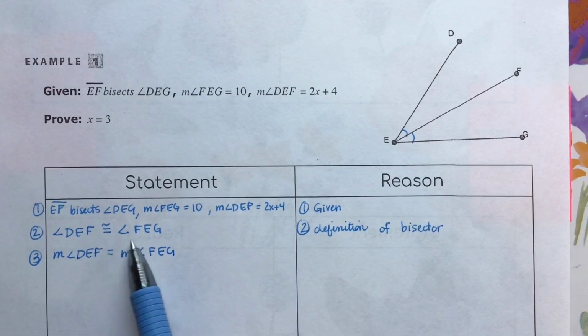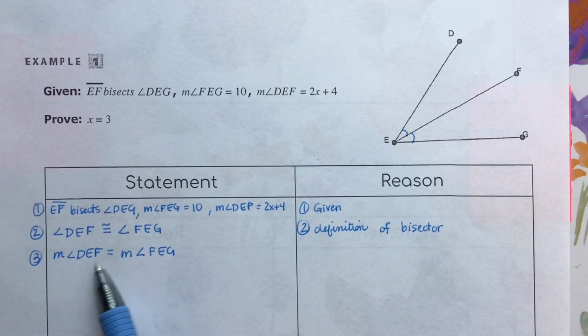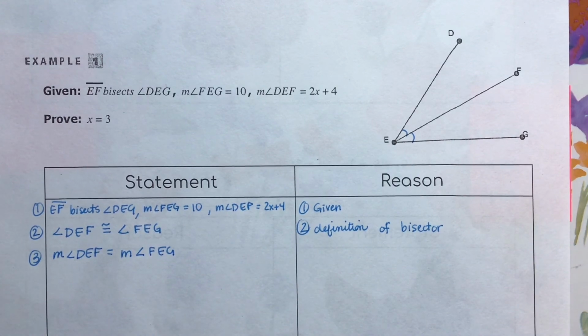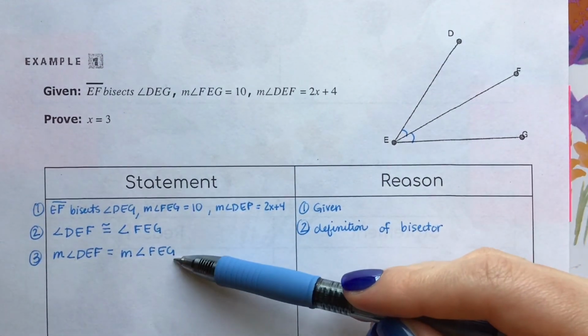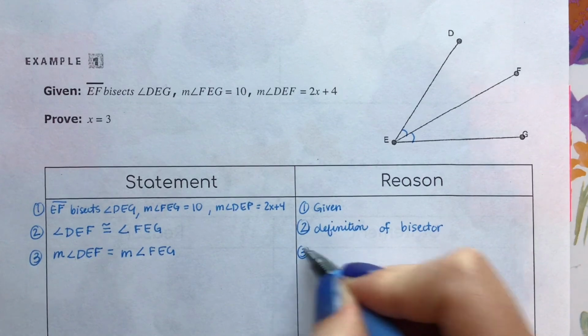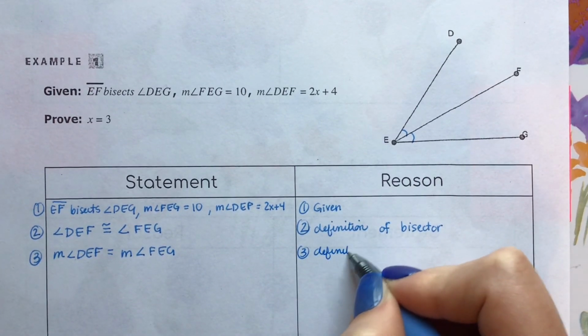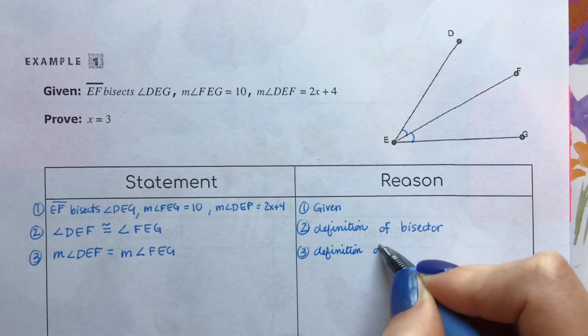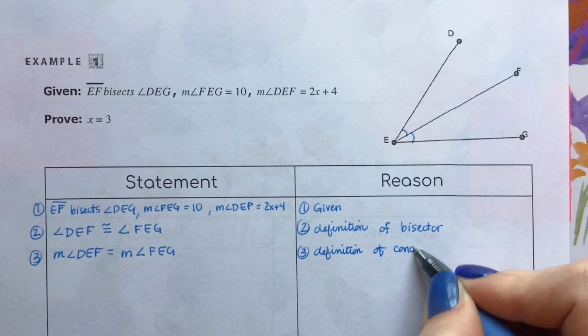So angles in and of themselves cannot be equal to each other. Instead, it's their size or their measure that's actually equal to each other. So the way we got from step 2 to step 3 is by the definition of congruence.